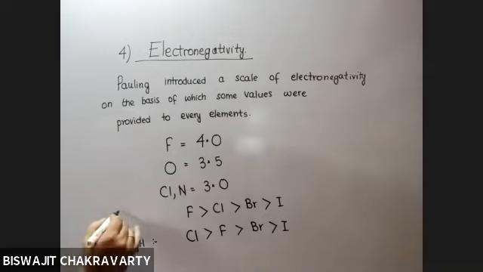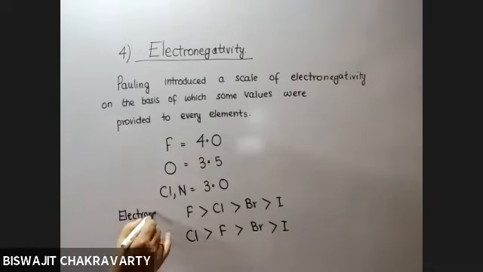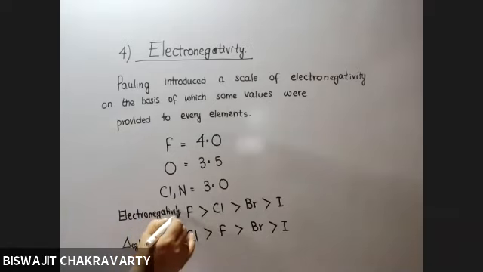Sir, could you please explain this part once again? What is the definition of electronegativity? Tendency of attracting the shared pair of electron. That is electronegativity.